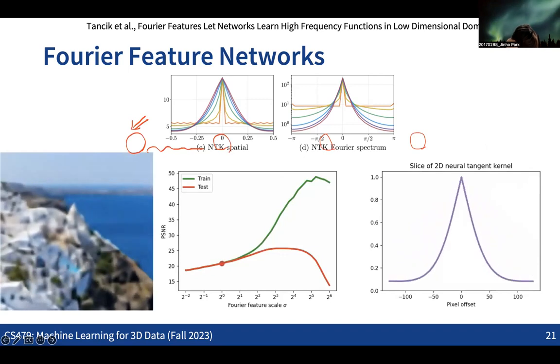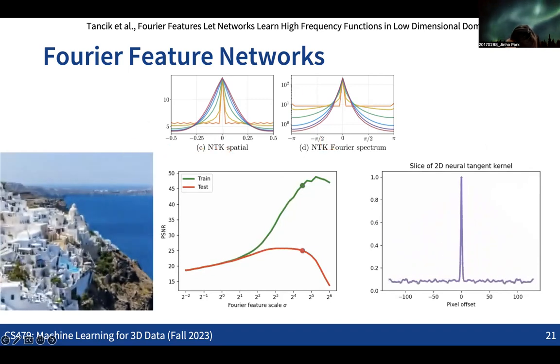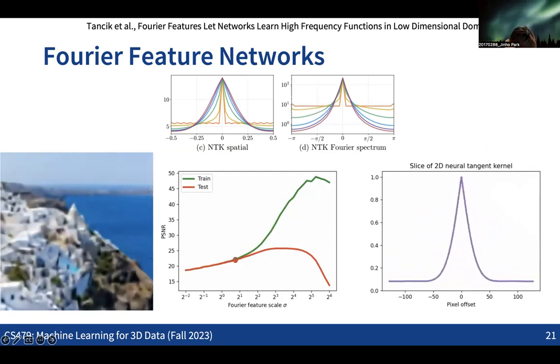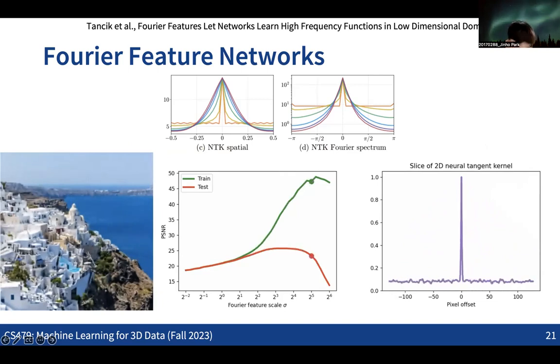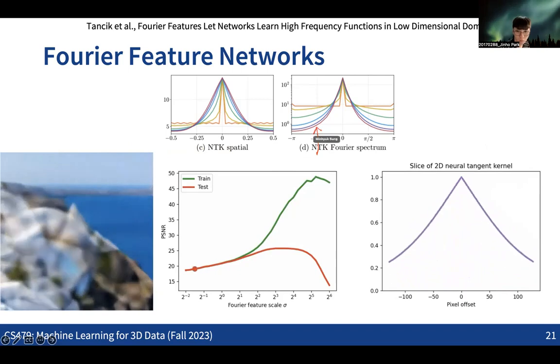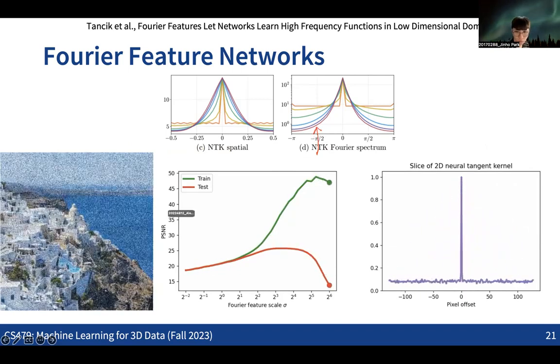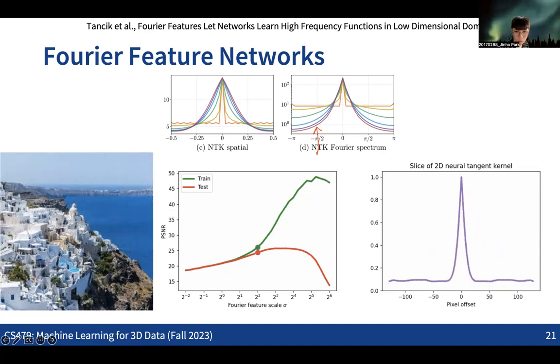This orange line here is the case where we give a high weight to all the cosine and sine functions, while the purple one is decaying the weight for the higher frequency cosine and sine functions.